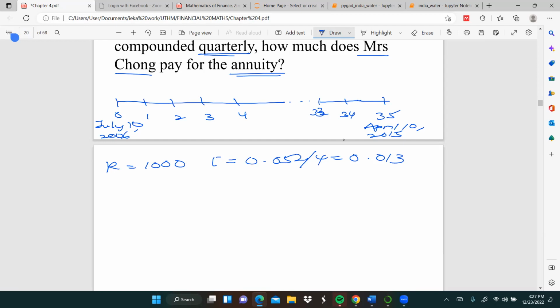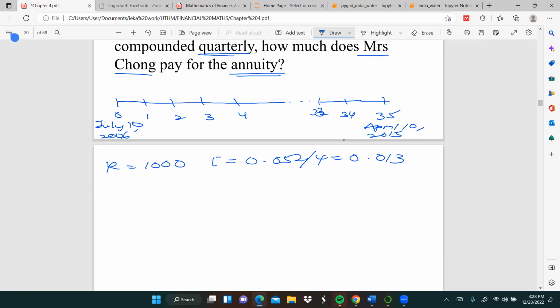So oh sorry, first payment dia adalah pada Oktober. So Julai tu yang dia punya one interest period before. So Julai tu dah dikira sebagai time 0.